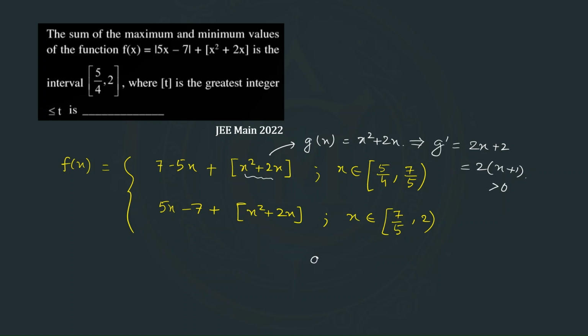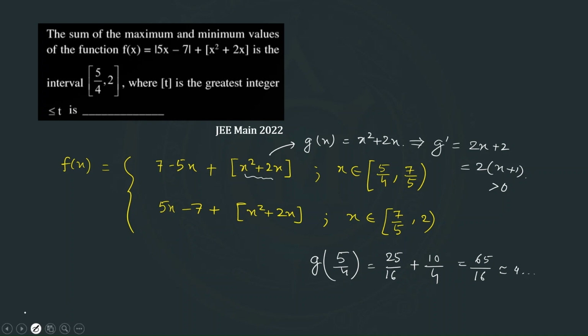So if we calculate g of 5 by 4, let's say, then it will be equal to 25 divided by 16 plus 2 times 5 by 4. So this will be 10 over 4. This will be 65 over 16, which is nearly equal to 4 point something.